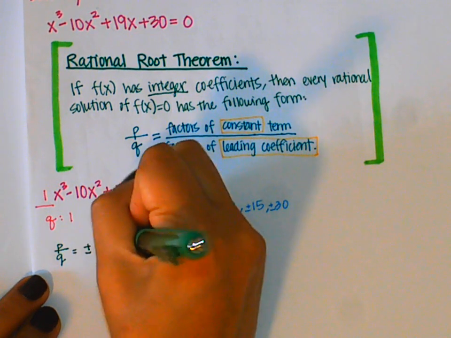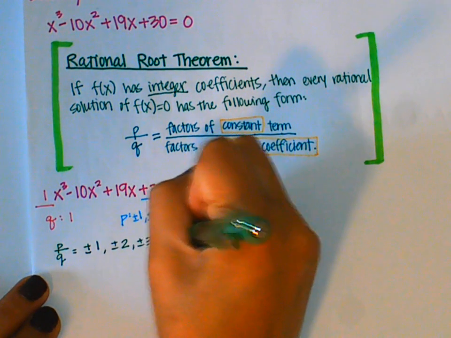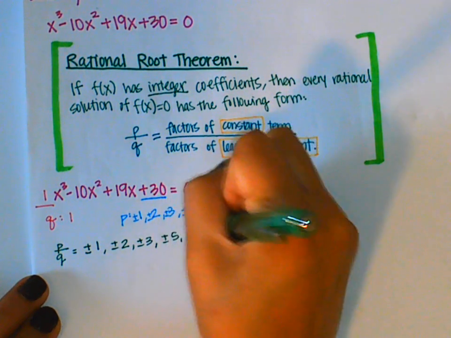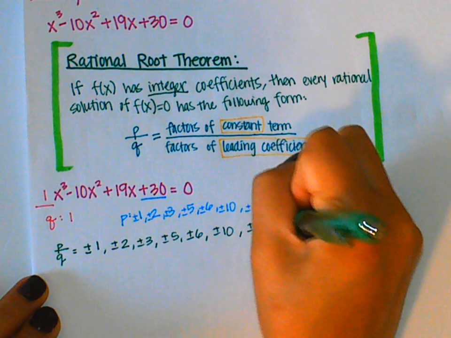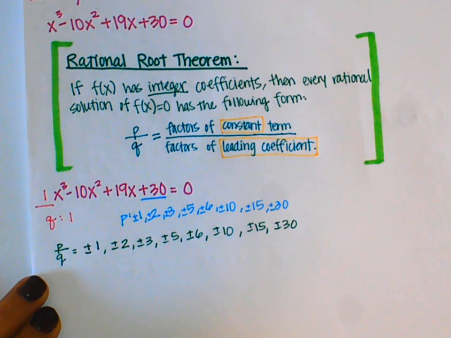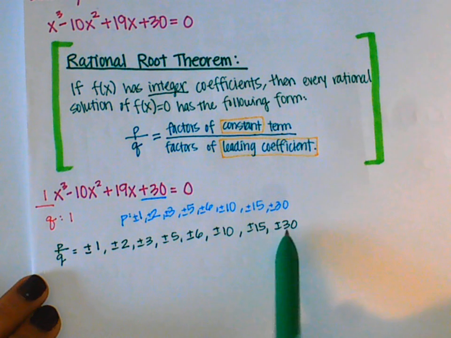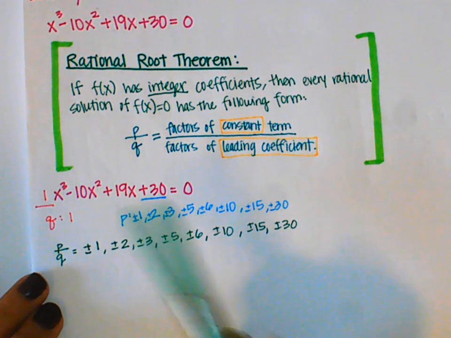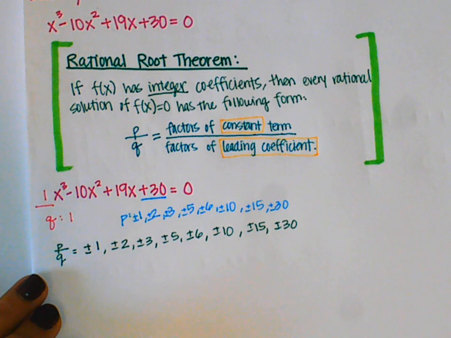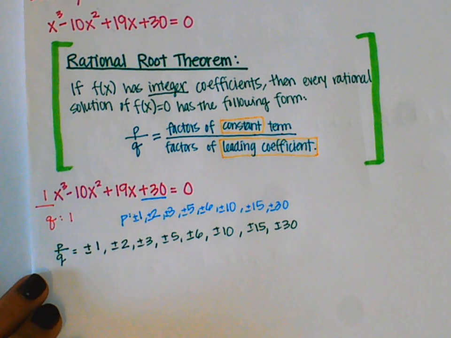Plus or minus 2, plus or minus 3, plus or minus 5, plus or minus 6, plus or minus 10, plus or minus 15, and plus or minus 30. That tells me that I have 16 possible factors to this cubic here.